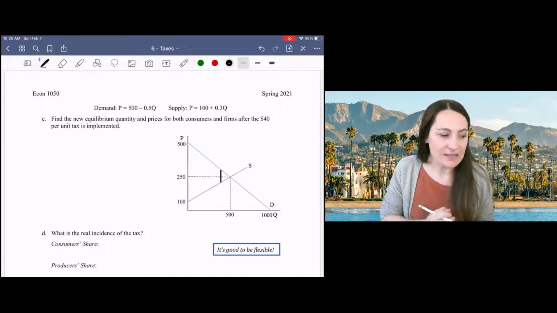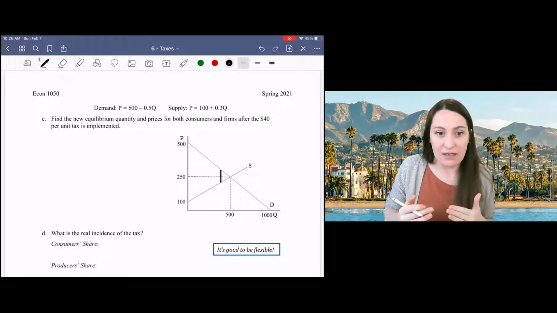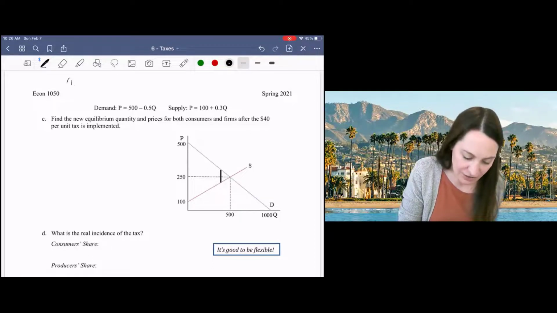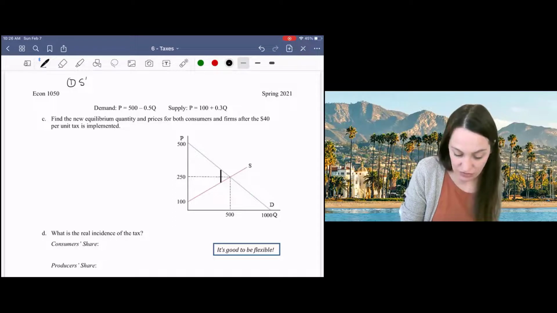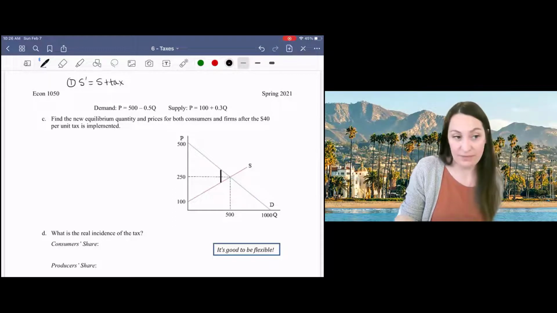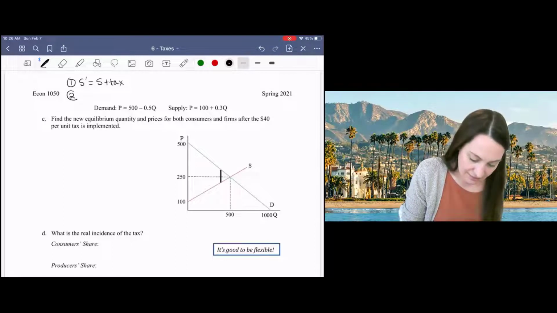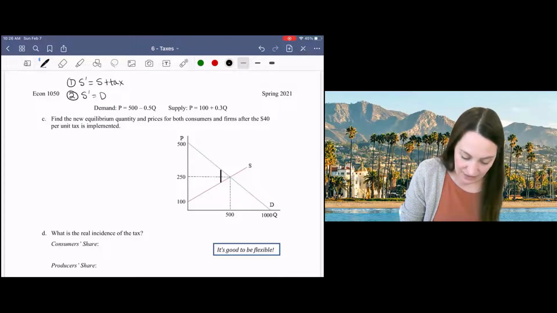So you've got 3 steps here to find the market equilibrium quantity and both prices. First, you're going to find your new supply curve by adding the tax to the old supply curve. Second, you're going to set your new supply curve equal to demand, and that will give you the new quantity.